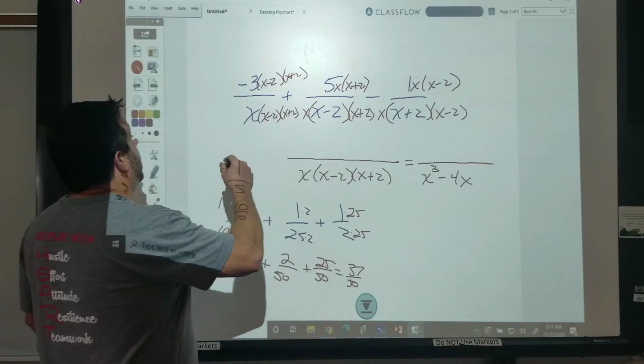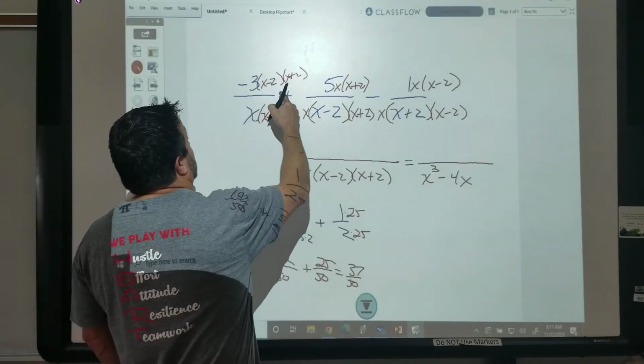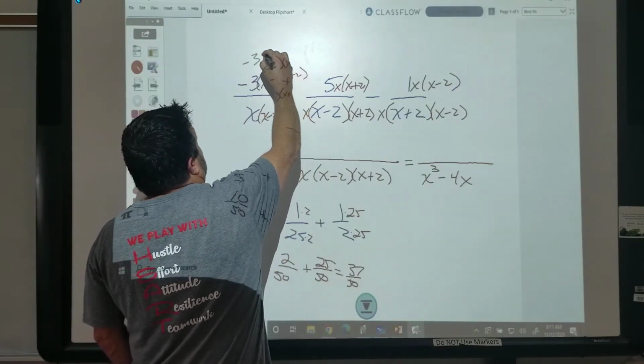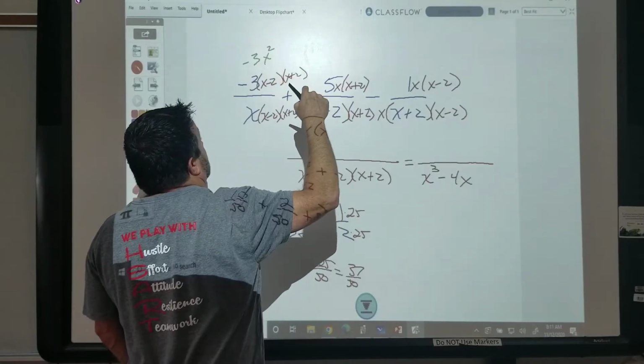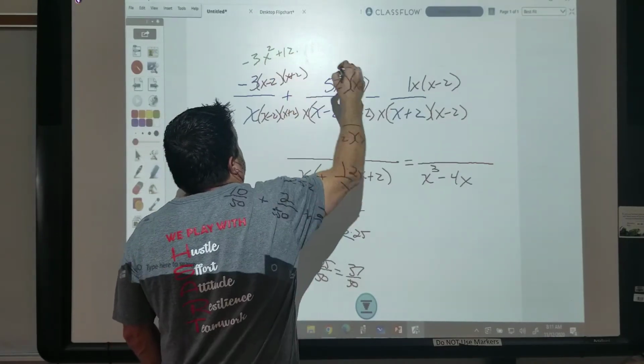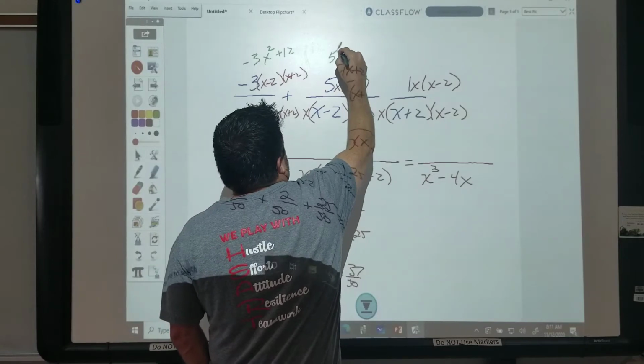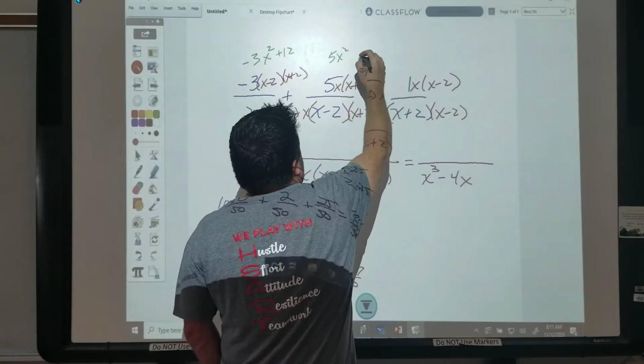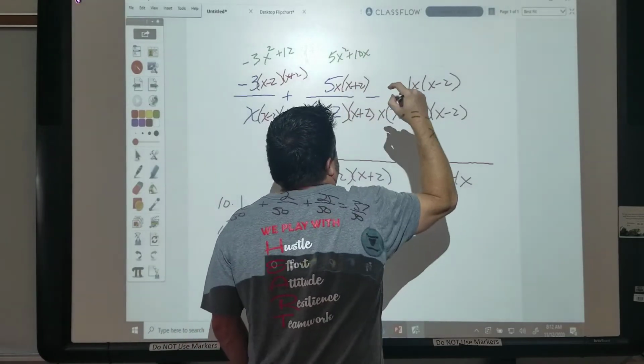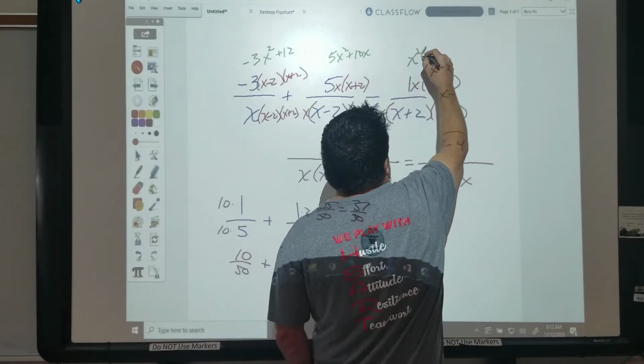On the top, this one would become negative 3x squared plus 12. This one would be 5x squared plus 10x. This one would be x squared minus 2x.